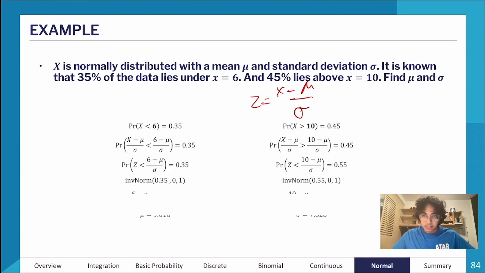Then I can use inverse normal because the area under the standard normal distribution is a known quantity. So inverse normal can handle it reasonably well. I work out what z is, and then from there I can use simultaneous equations to solve for mu and sigma.